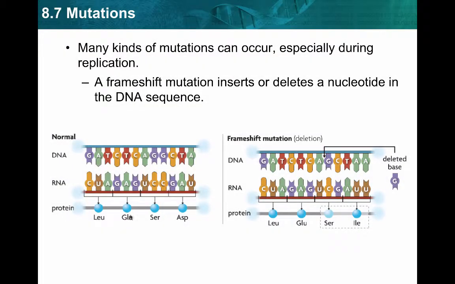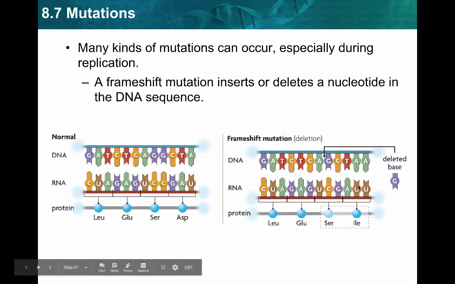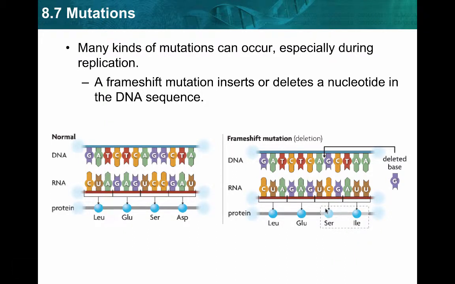So instead of these four amino acids, now you're going to have these two, but then everything else, serine looks like it stays the same, but everything else downstream from that will be different. So clearly you're going to have a completely different protein made. So frame shift mutations definitely have more dire consequences for the protein we're trying to make than a point mutation may.